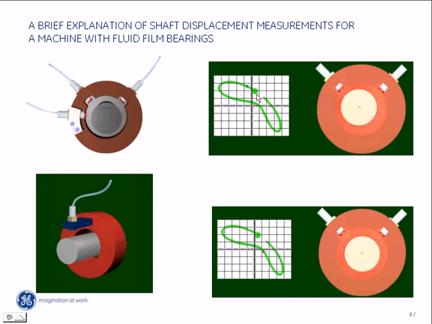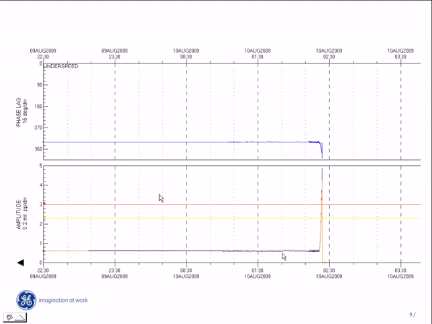So what happened? On this plot we can see vibration amplitude and vibration phase against time. At 10:30 on the 9th of August, the vibration was very steady, no changes at all. But then just before 2:30, we got a very quick and dramatic increase in vibration.